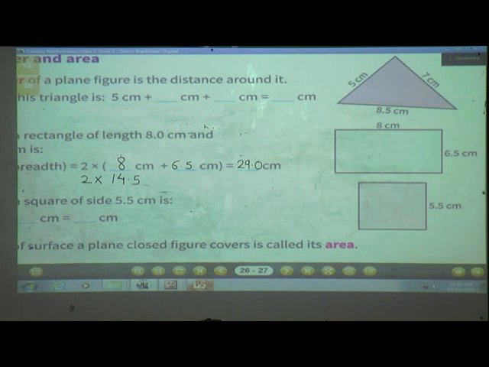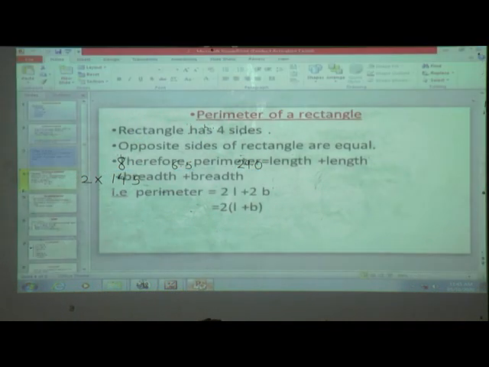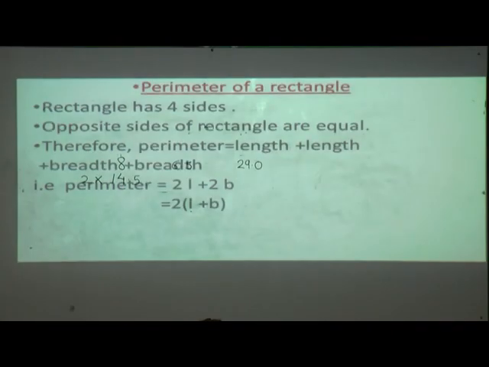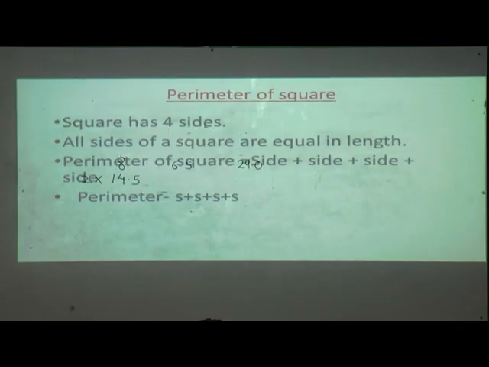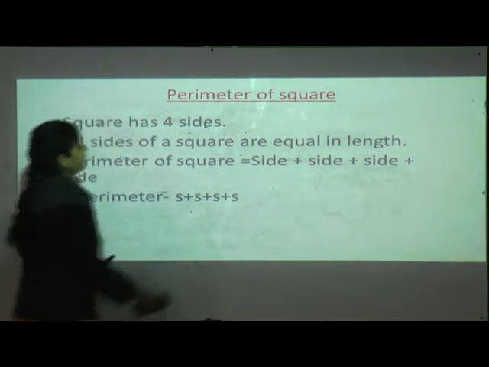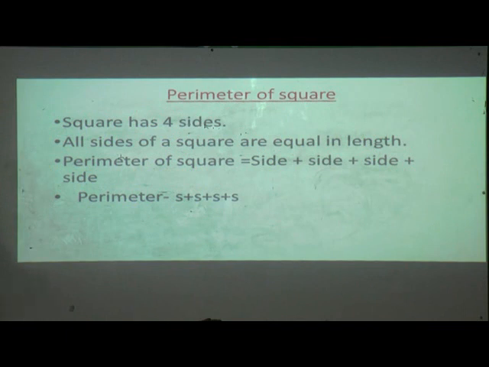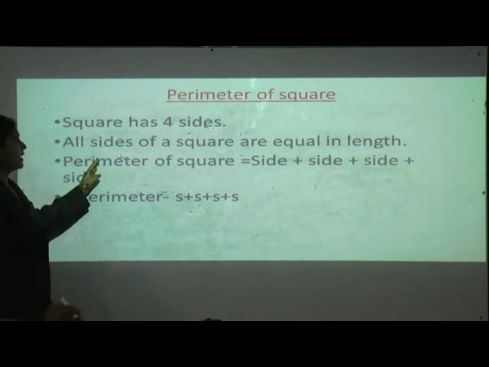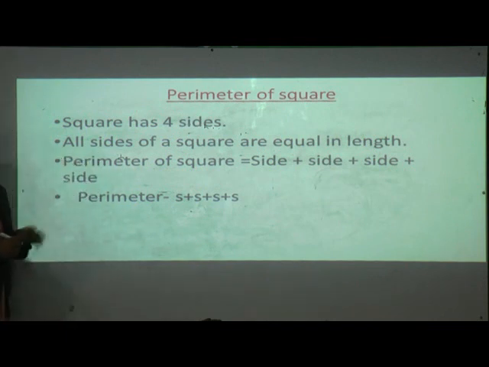Now we will see the perimeter of a square. See students, perimeter of a square. Now all of you know that a square has 4 sides. Yes, and all sides of a square are equal in length. Even they are parallel. See students, that's why the 4 sides of a square are equal.